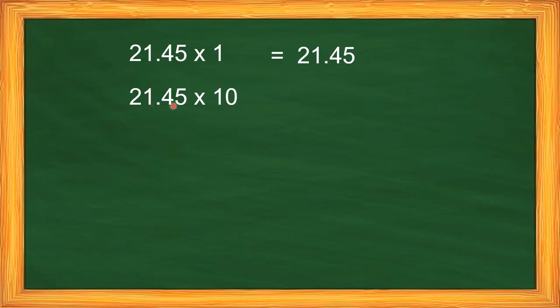Kasi, that's just 214.5. So, move lang ng isa. Kasi parang sa 5. 5 times 10 is 50. So, from 5, okay, yung 5, ang decimal point ay nasa sa gilid lang. And then, dagdagan mo ng 0. So, nag-move lang din ang decimal point.